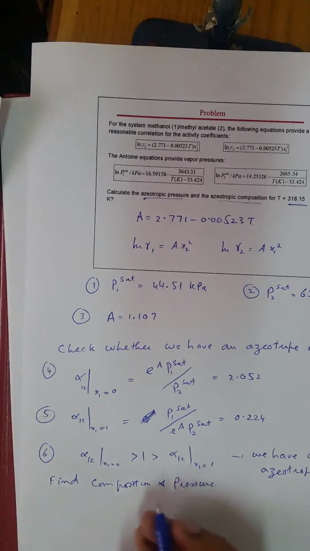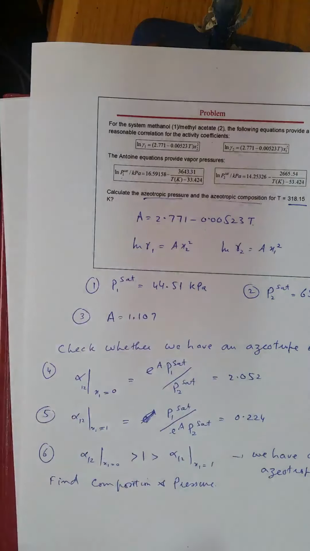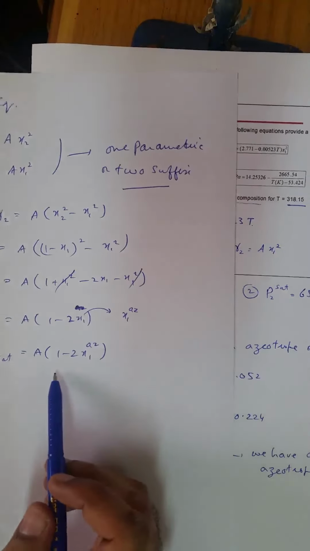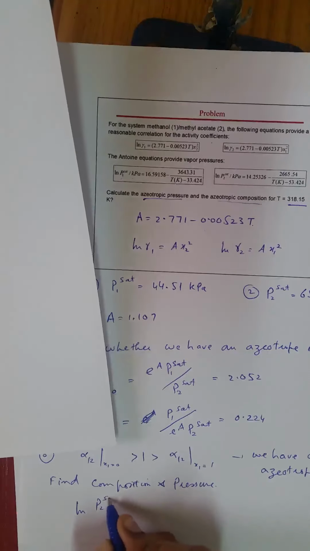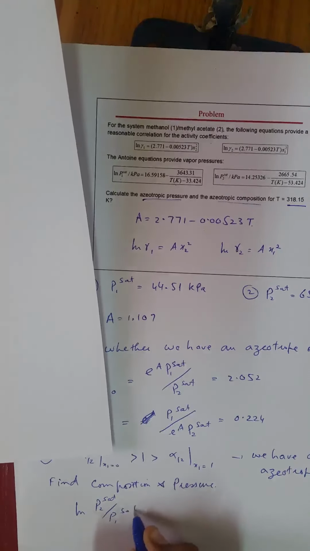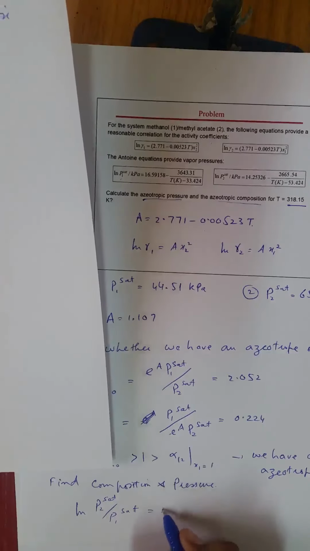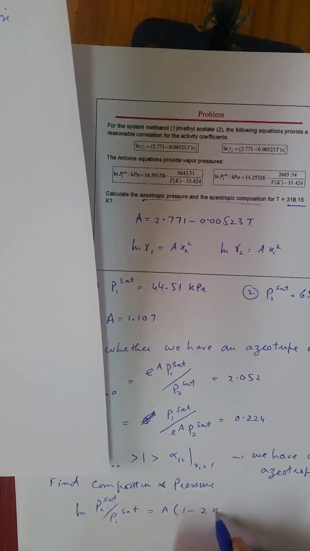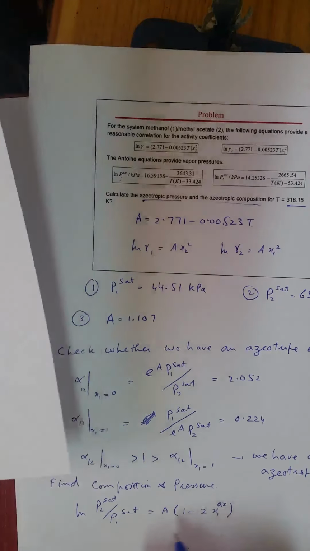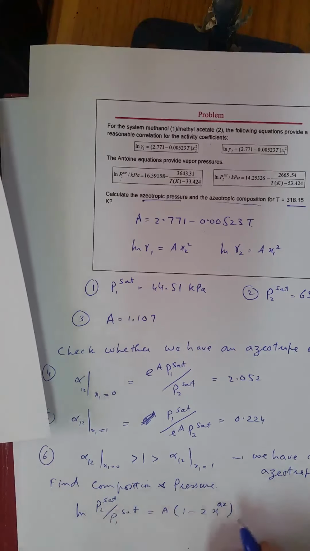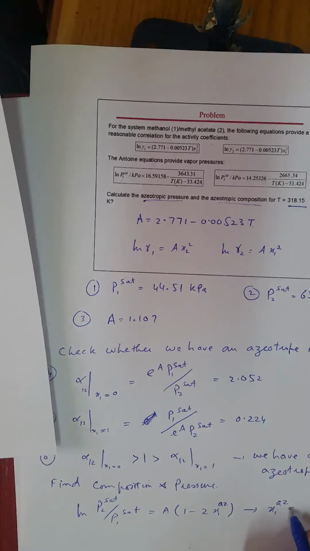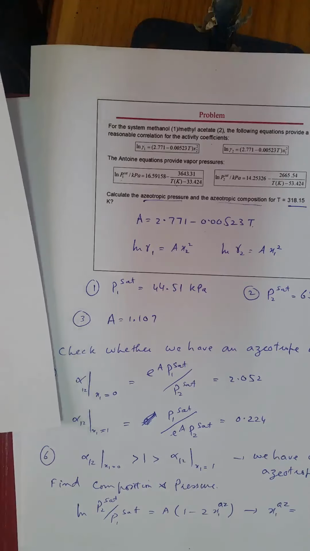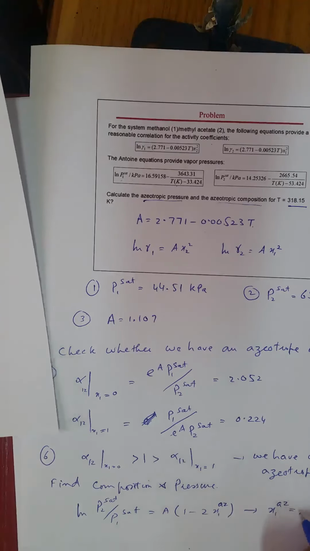In order to do that, last time we derived one equation, and in the last lecture we had x1 az equal to 1 over 2 minus ln(P1 sat over P2 sat) over 2A. So we know A, we know P1 sat, we know P2 sat. x1 az comes out to be 0.325.